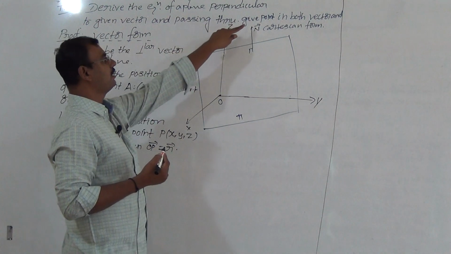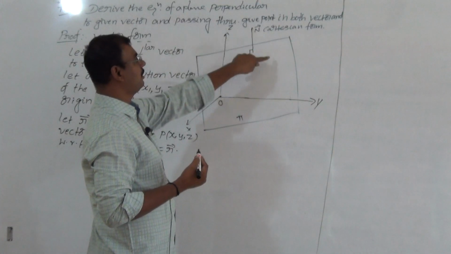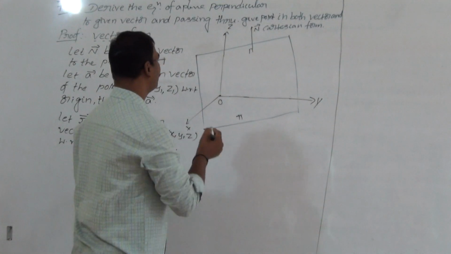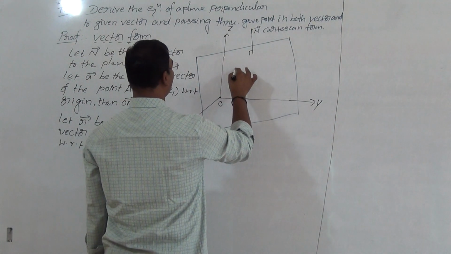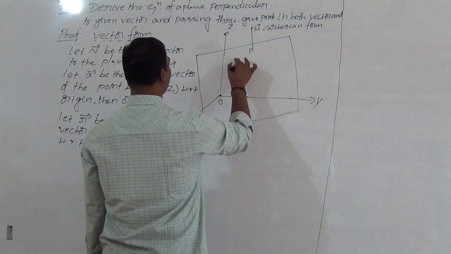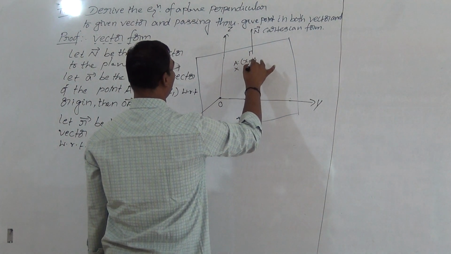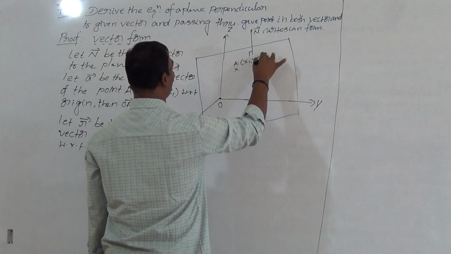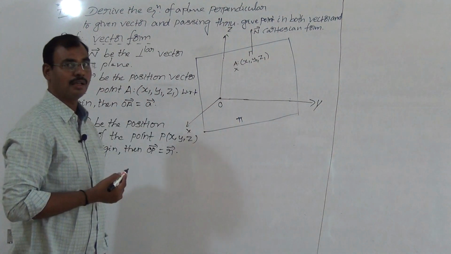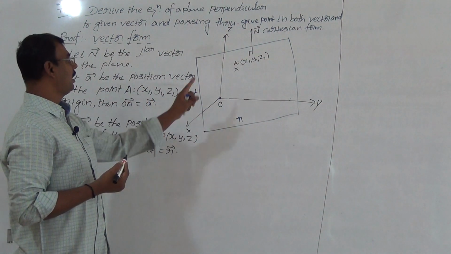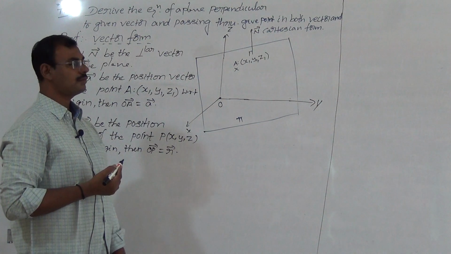Next, take any point on the plane. Let A be x1, y1, z1, that is, A is equal to (x1, y1, z1), any point on the plane.